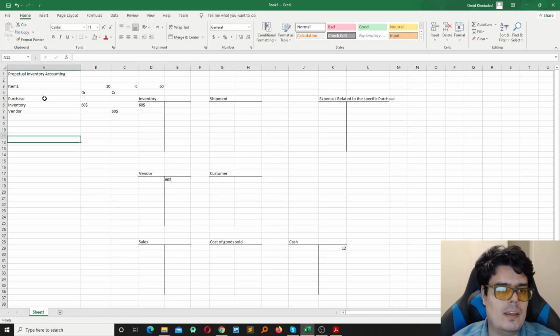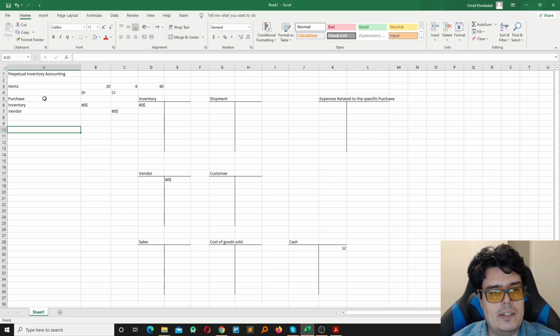After that, we are going to sell this item at a price of, for example, 7. Then we have this transaction recorded into our JV, general voucher, and the general ledger for that is like this.